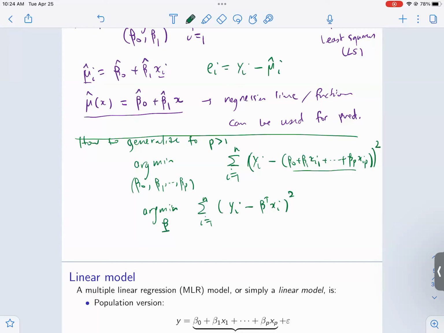So this is the linear part minus yi, squared. That's the error squared. And so argmin would be beta hat. So instead of doing this very extended format, we do it in a compact form, exactly the same thing, but so that would be our least squares problem.